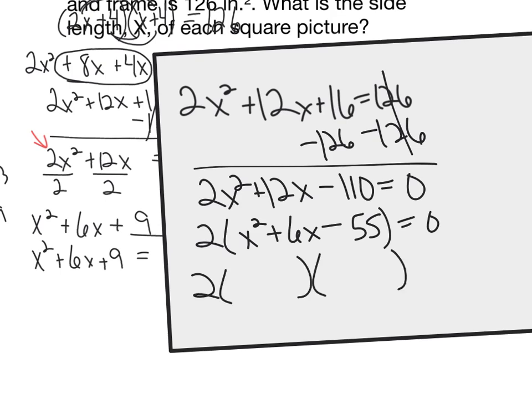And then this should be able to factor since the answer came out evenly. So plus 11 and minus 5 should work. And then if you work that out, this would be negative 11 and this would be 5. So again, in hindsight, we actually didn't need to worry about completing the square on this problem.